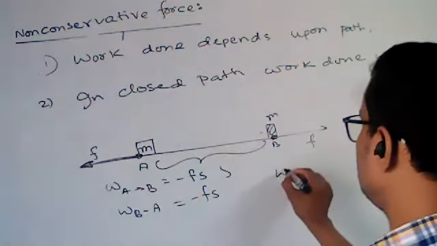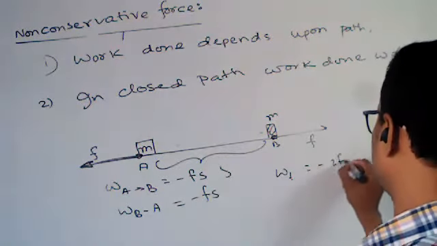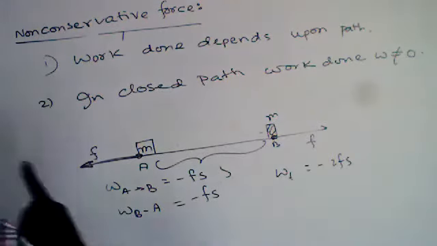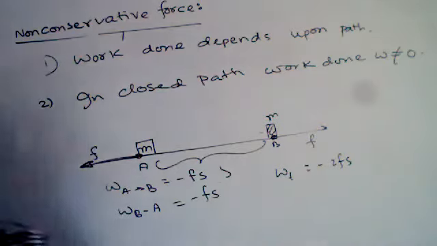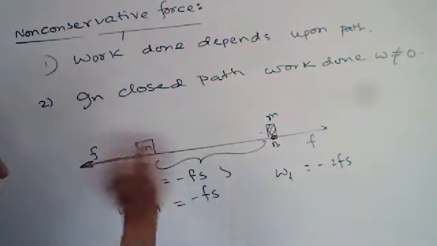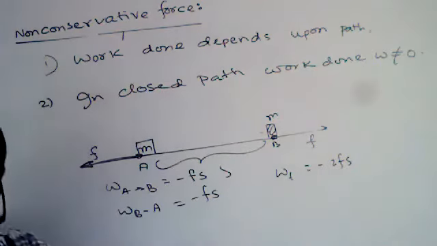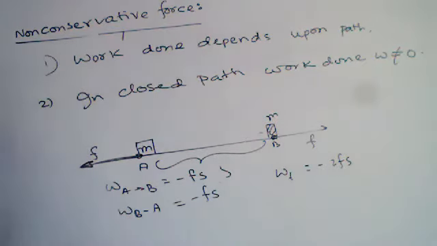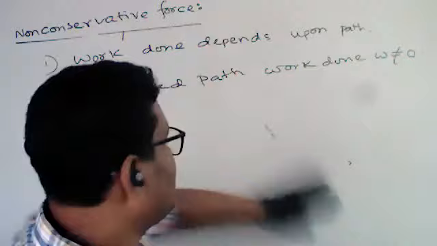So total work done equals minus 2Fs. So in this case, work done is not 0. You have to remember, closed path means the circle. If in a linear direction the point reaches the initial position, the work done is not 0 by the frictional force.